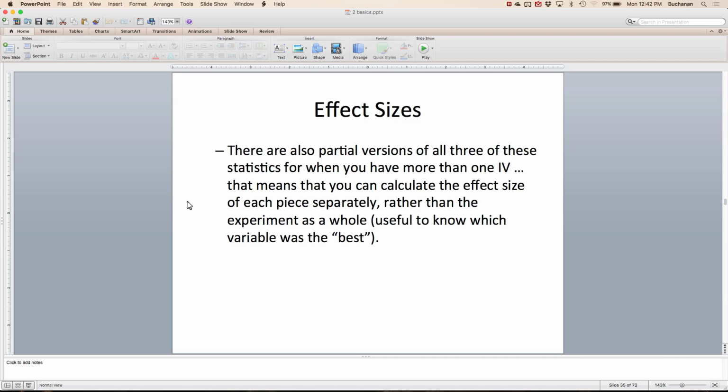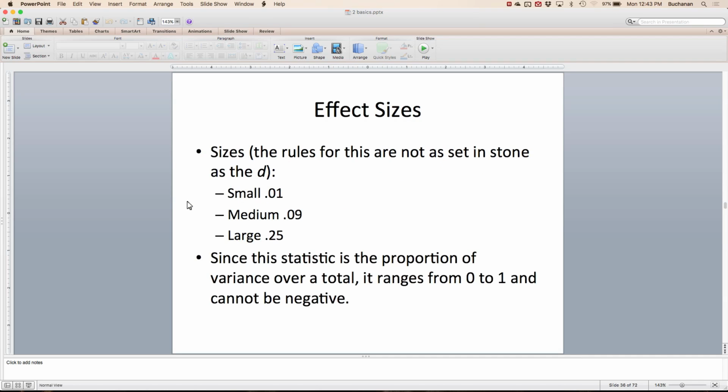But we're going to start with Cohen's d because it's the easiest. The effect sizes for eta, r, and omega are sort of, it depends on who you talk to. These are the most common ones that I've seen. So 0.01, 0.09, 0.25. So they're totally different from Cohen's d. And remember, they're variance.